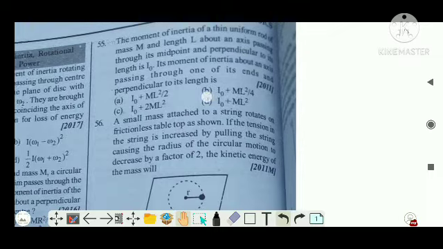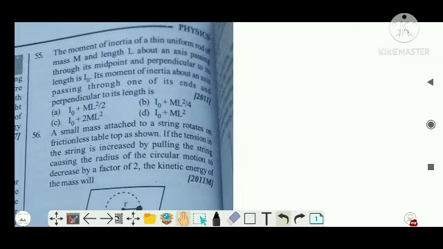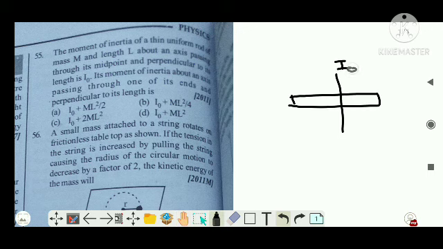Okay, let us do the 55th question. I hope this is visible. Moment of inertia of thin uniform rod of mass m and length L about an axis passing through its midpoint and perpendicular is given as I naught. Its moment of inertia about an axis passing through one of its ends and perpendicular to its length. This is very easy. You are asked what is the I. So L is the entire length, means this will be L by 2, right?